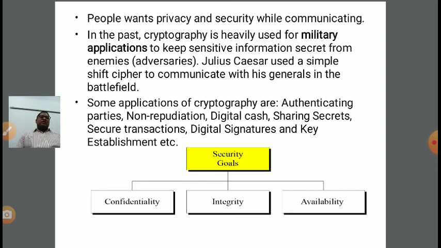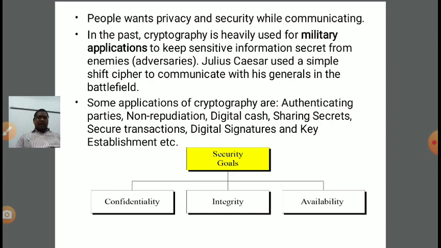The next security goal is integrity. Integrity means that if I am passing a message, it should not be changed or modified. To ensure the integrity of the message, we require some cryptographic algorithm. The third one is availability. If I am passing information, it should be available to the legitimate user and should not be denied to them.